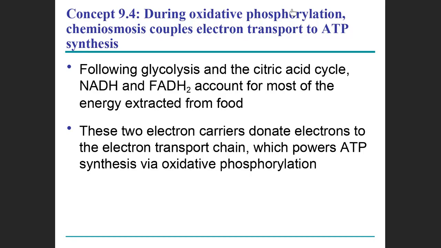In the process, we're going to see that hydrogens will get pumped across the membrane and accumulate in a high concentration. And what do we know about molecules in a high concentration? Where do they want to go?